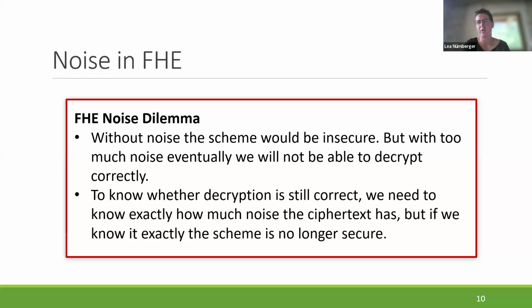So to know whether we still can decrypt correctly, we need to know exactly how much noise the ciphertext has. But if we know exactly how much noise the ciphertext has, then we can subtract it, and then the scheme is no longer secure. So we need the noise for security, but it hinders correctness. And for correctness, we should know as closely as possible how big the noise is, but that, on the other hand, hinders security.